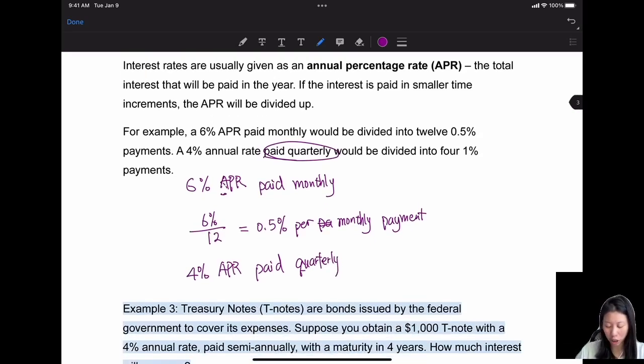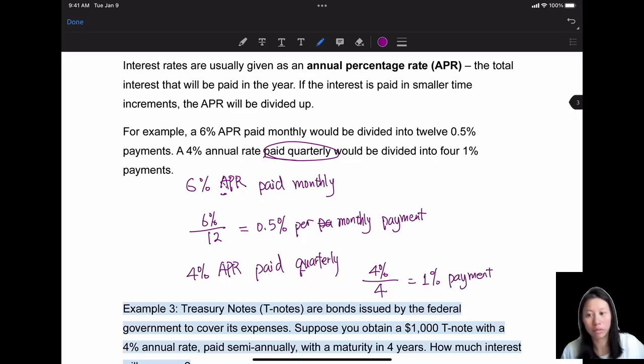So what does each payment get you? Within a year, there are 4 quarters, right? So you use 4% divided by 4. Each time you're going to get 1% per payment for your interest. So over a year, you should still get 4%.